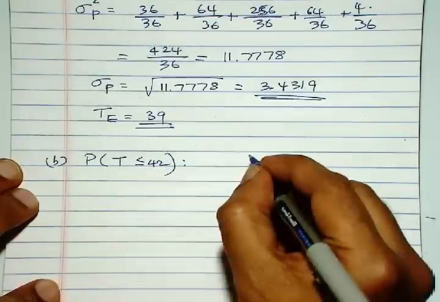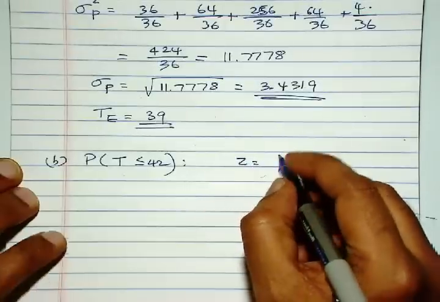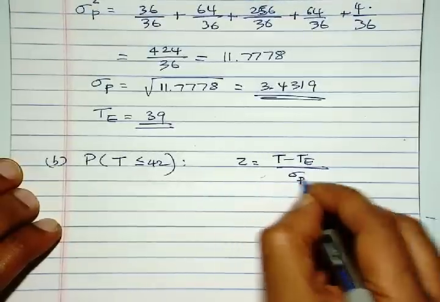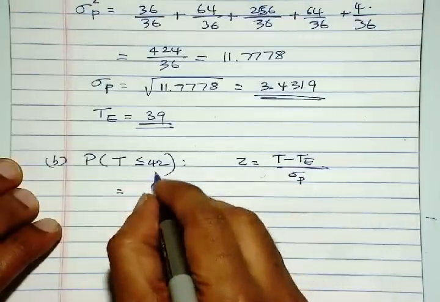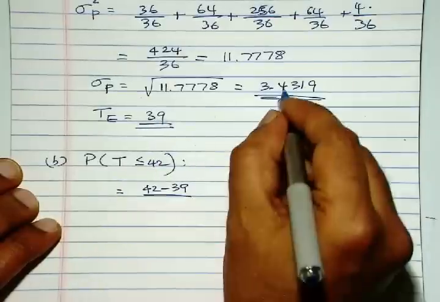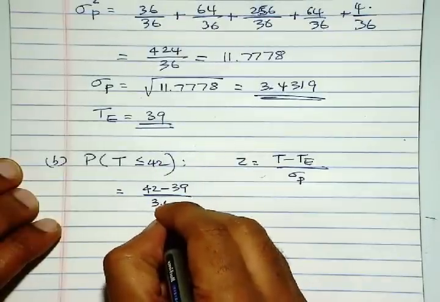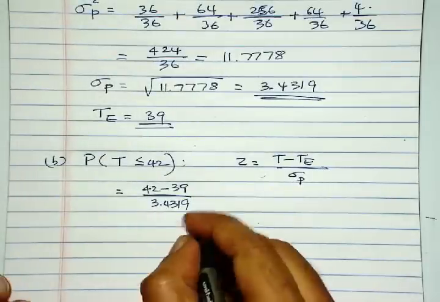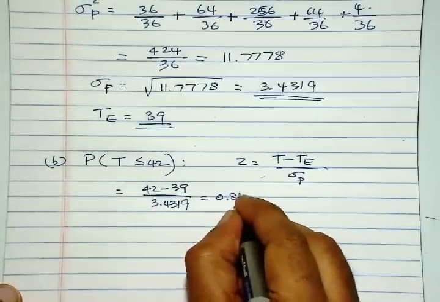And for that we have to first find Z, and the formula is this. So you get 42 minus 39 divided by 3.4319, and that gives you 0.87.